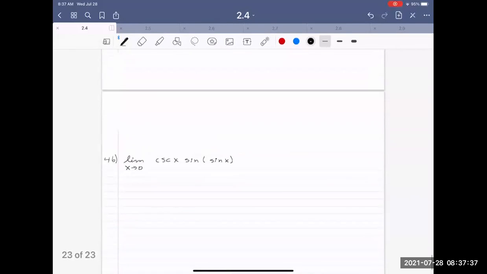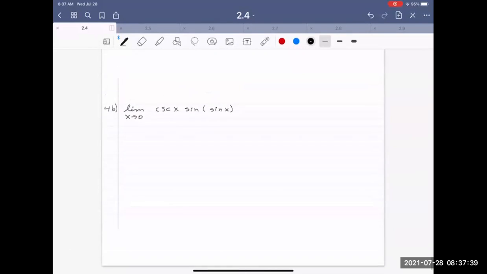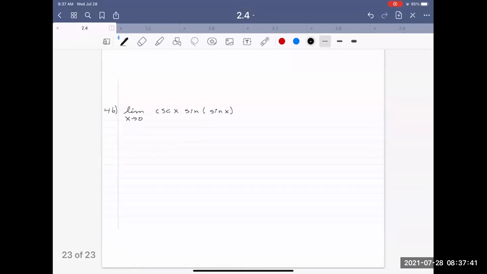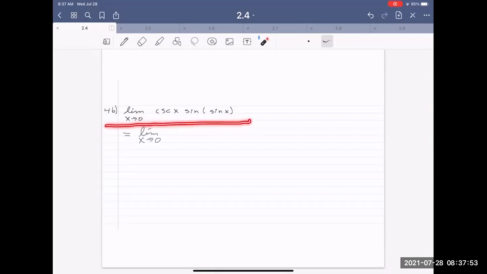Let me do problem number 46. Limit as x approaches 0, cosecant x times the sine of x.